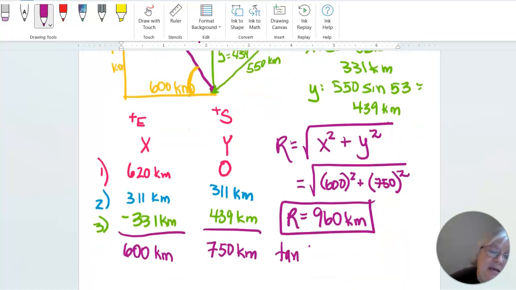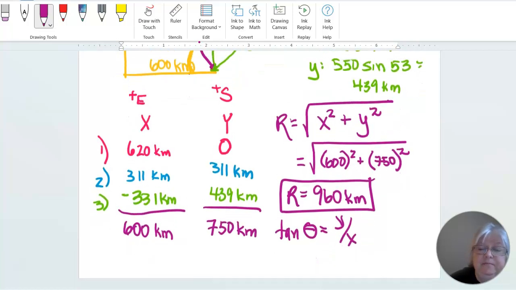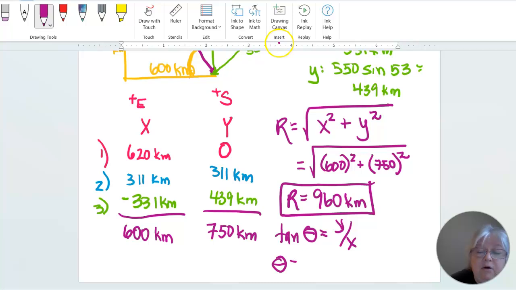I'm going to say that tan of that angle is equal to my y side divided by my x side, or my angle is the arctangent of 750 divided by 600, and that gives me 51.3 degrees.